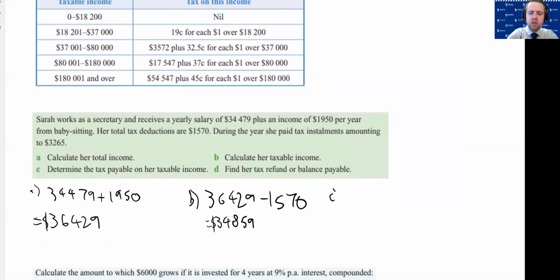Okay, so when we do her tax, we've got to work out what row she's in. She's in row 2, so it's going to be 19 cents for everything she earns over $18,200. So we can go 34,859 minus 18,200, and then we're going to times that by 0.19.